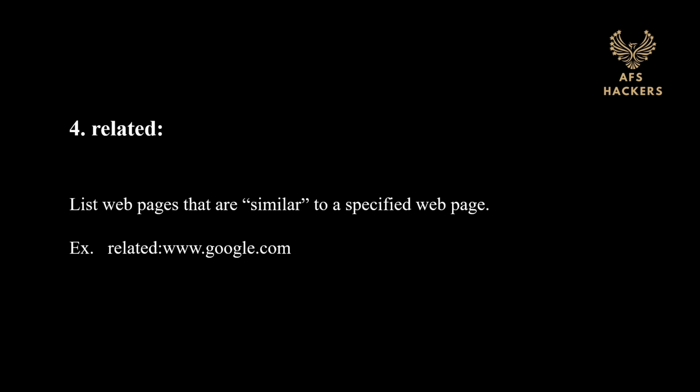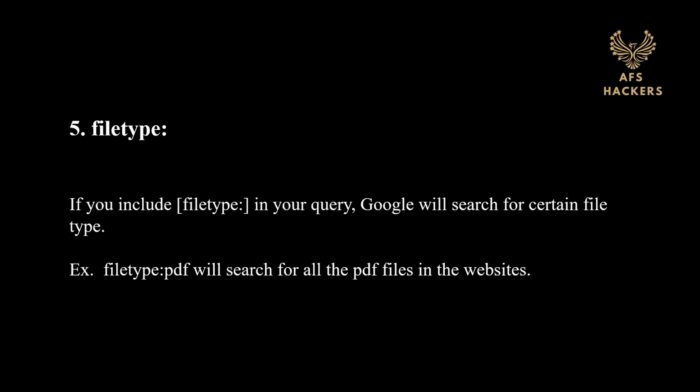Let's see filter number 5, that is filetype. If you include filetype in your query, Google will search for a certain file type. If you search filetype:PDF, Google will search for all the PDF files in the website. We will see in practical how this filter works.